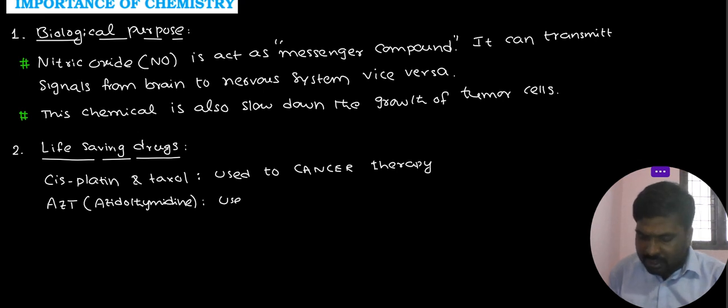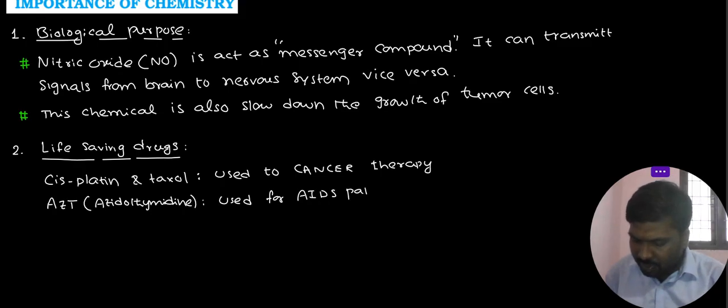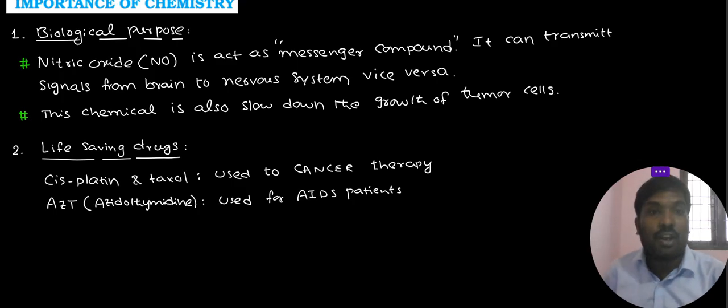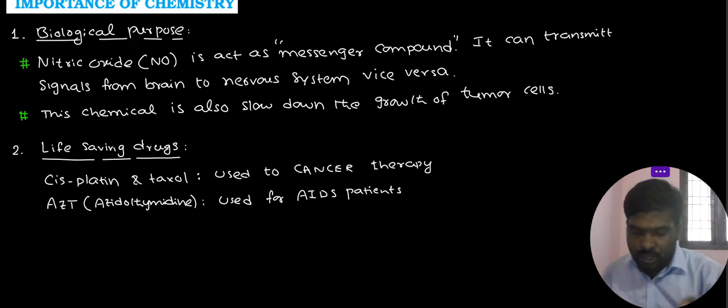It is used for AIDS victims, AIDS patients. This is the reason cisplatin, taxol and AZT, these three chemicals, are called life-saving drugs. Cisplatin and taxol are used for cancer therapy and AZT is used for AIDS patients.